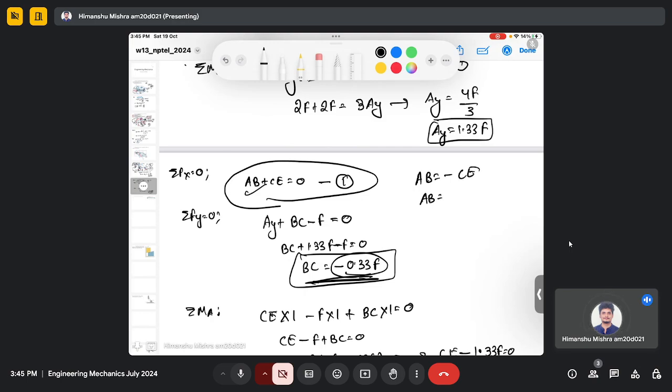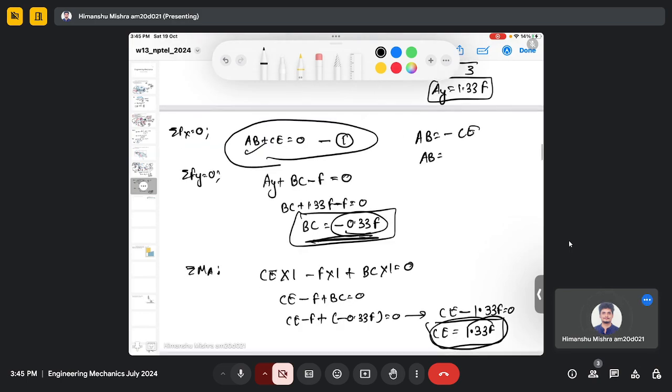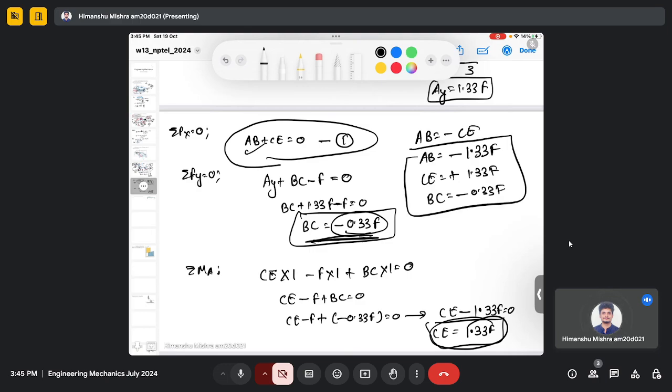And therefore the force at AB will be minus 1.33 F. At CE it is plus 1.33 F, and at member BC it is minus 0.33 F. So these are the unknown forces.